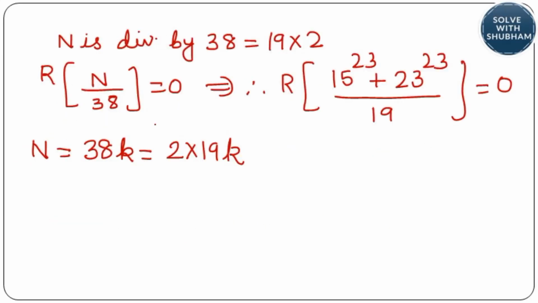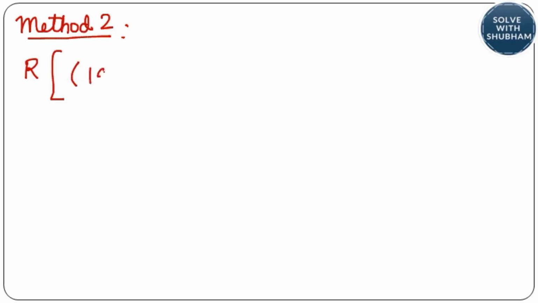Now we will see if we can do it by a different method, or we can use the concept of binomial expansion to solve it. So let us explore method 2. We need to find out the remainder of 15 power 23. Can we write it as 19 minus 4 plus 23 power 23?